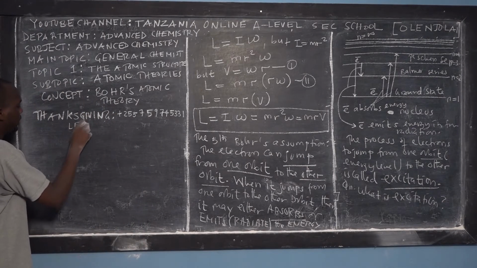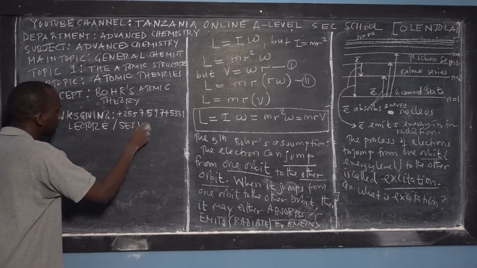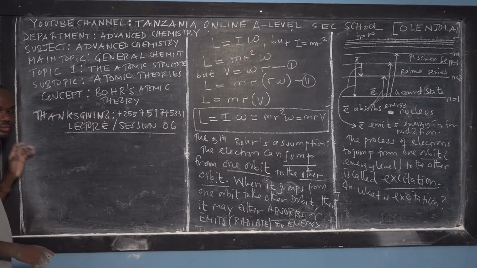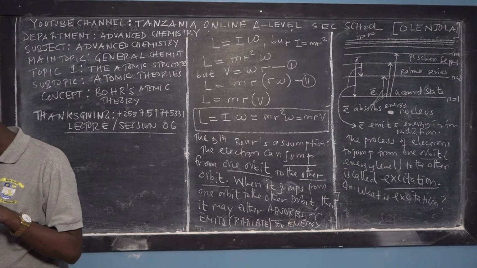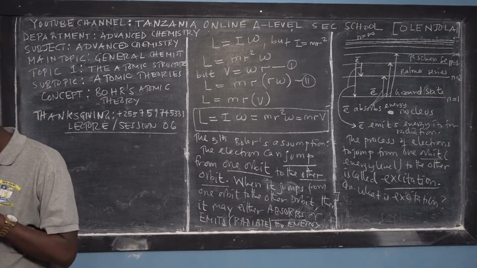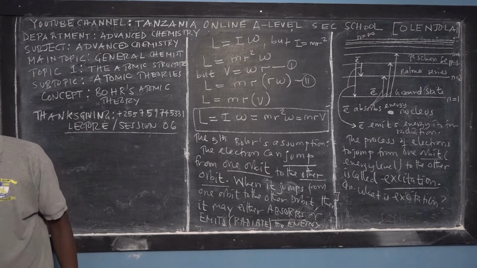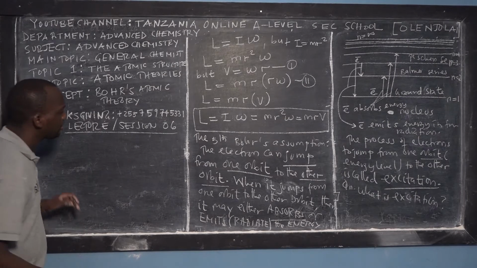So we are still in lecture 6, session 6 of general chemistry. Then it's better for us to touch on some few concepts on the process of radiation and absorption.